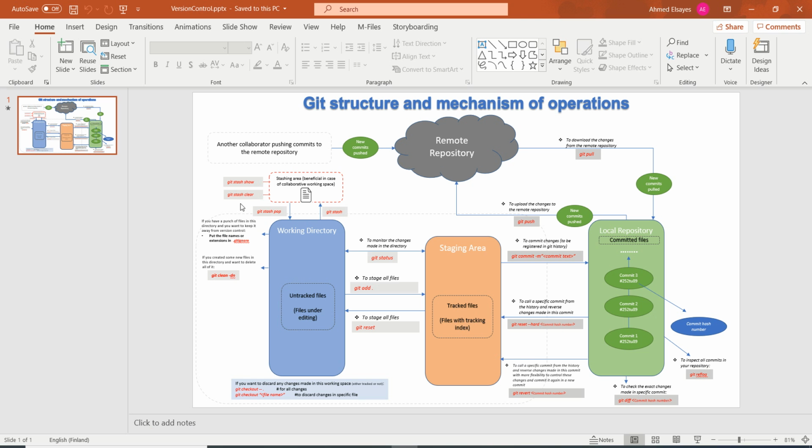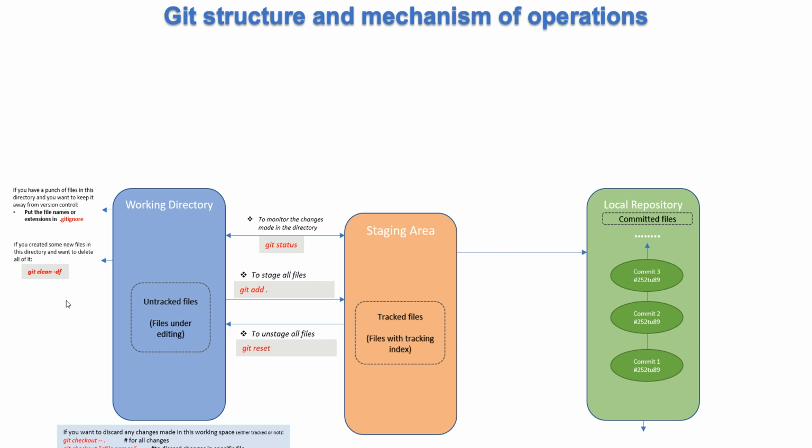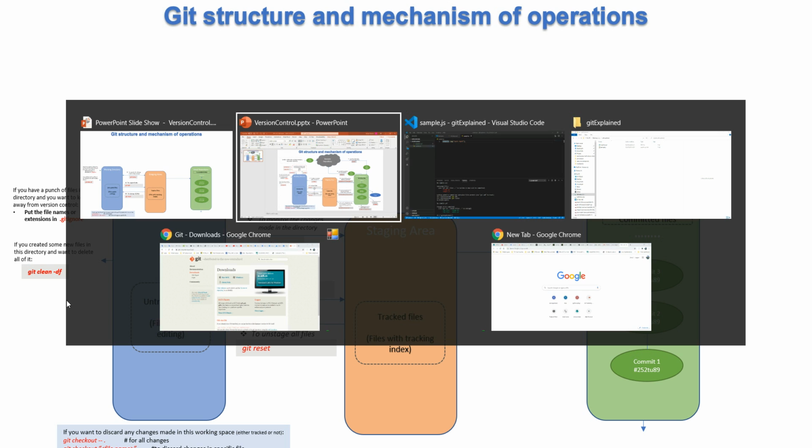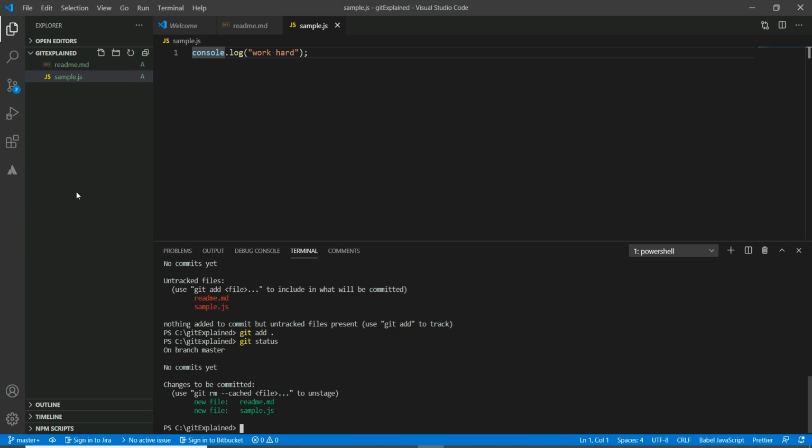So for this, instead of dn, I will just use df, and here to unstage all the files, okay. So here git clean df, we will see what we mean.